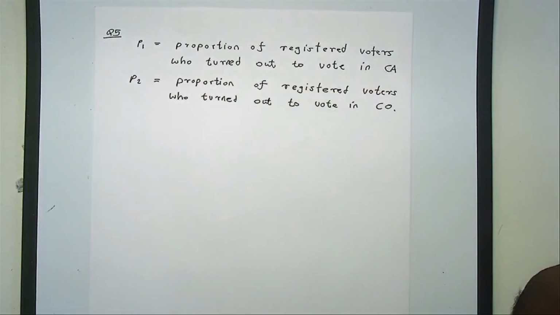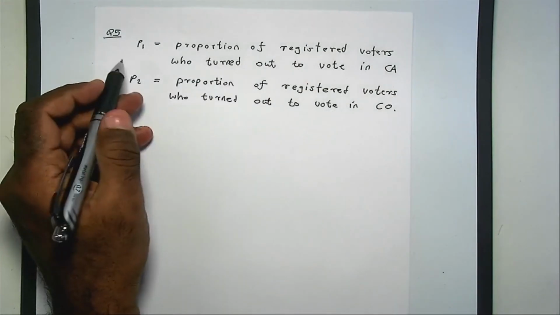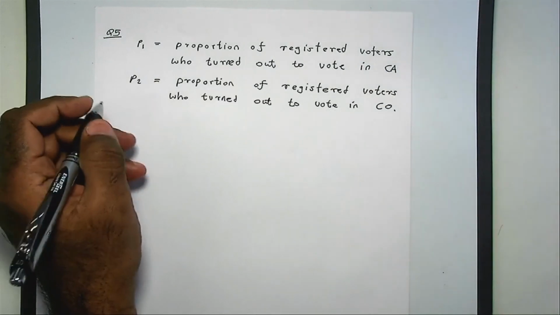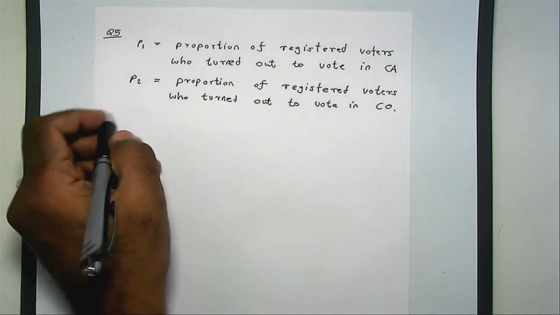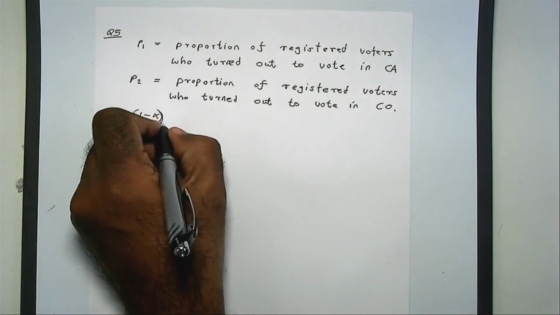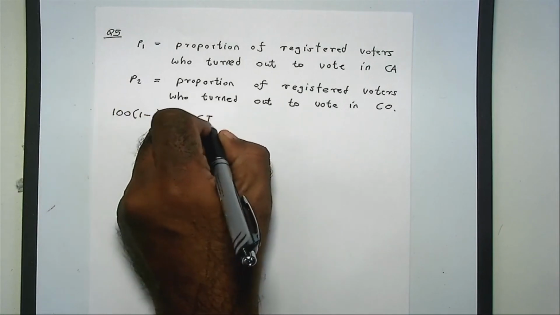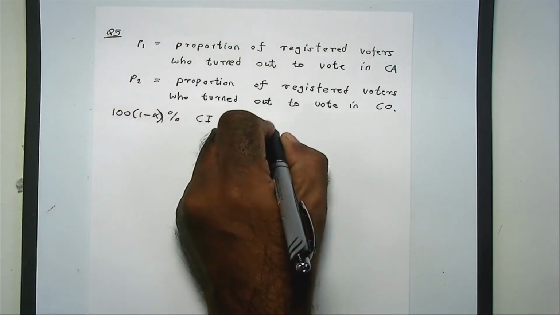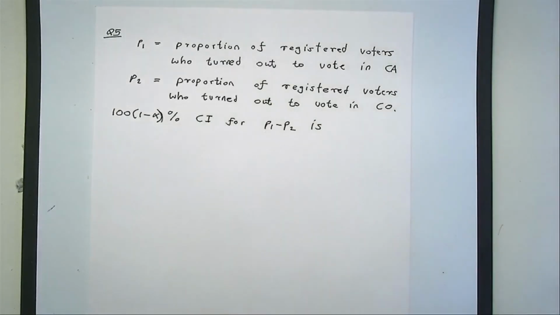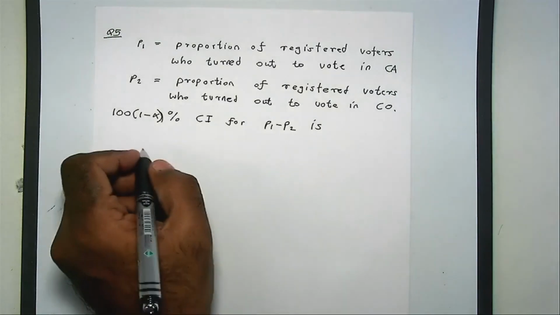Now we want to see whether the difference between these two proportions is significant or not. So the question in this case is to find a 100 times 1 minus alpha percent confidence interval for the difference in the two proportions. If you look at my video on two sample confidence intervals, you will see the formula I have given you.